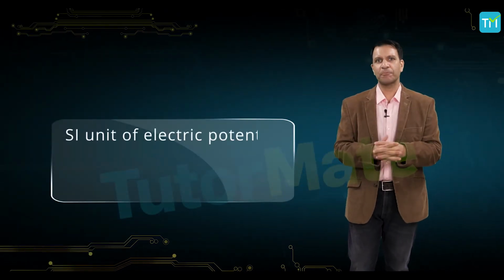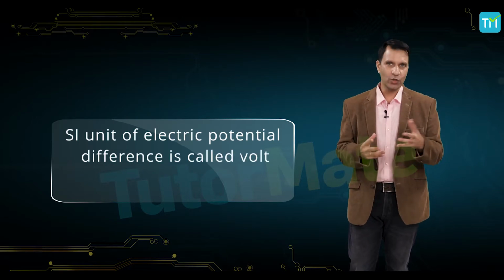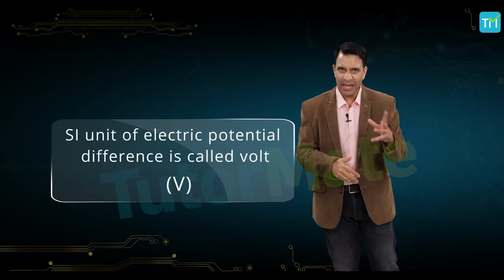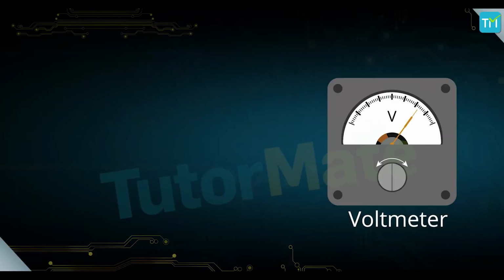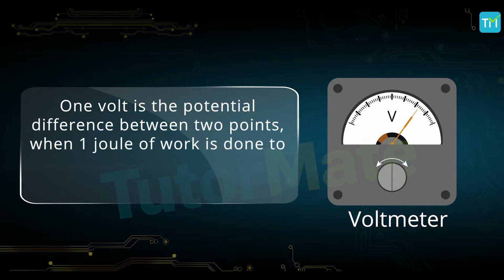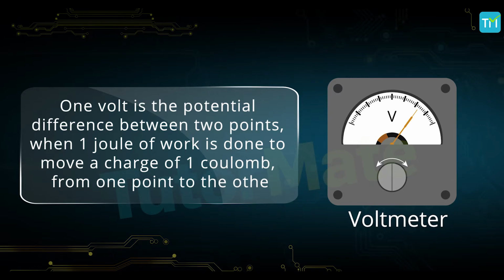Got that? Before going any further, let's look at the SI units of these terms. In honor of Italian physicist Alessandro Volta, who invented the electric battery, the SI unit of electric potential difference is called volt and is denoted by a capital V and is measured using an instrument called voltmeter. 1 volt is the potential difference between 2 points when 1 joule of work is done to move a charge of 1 coulomb from one point to the other.